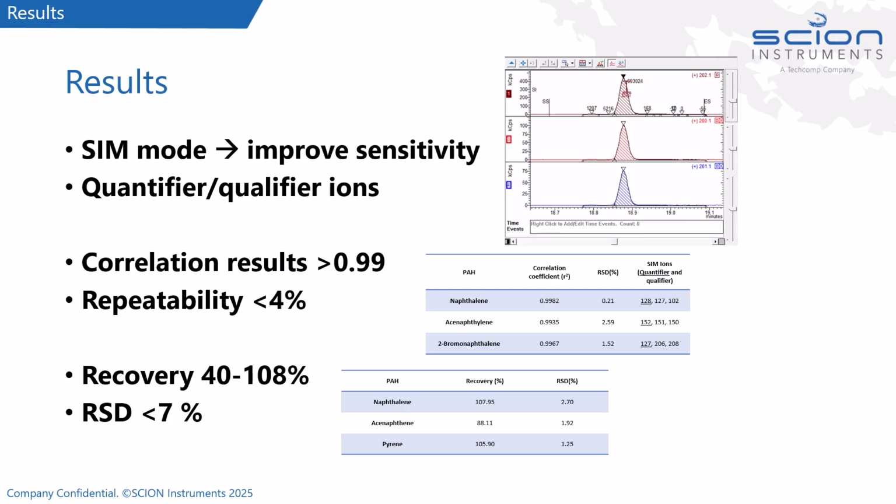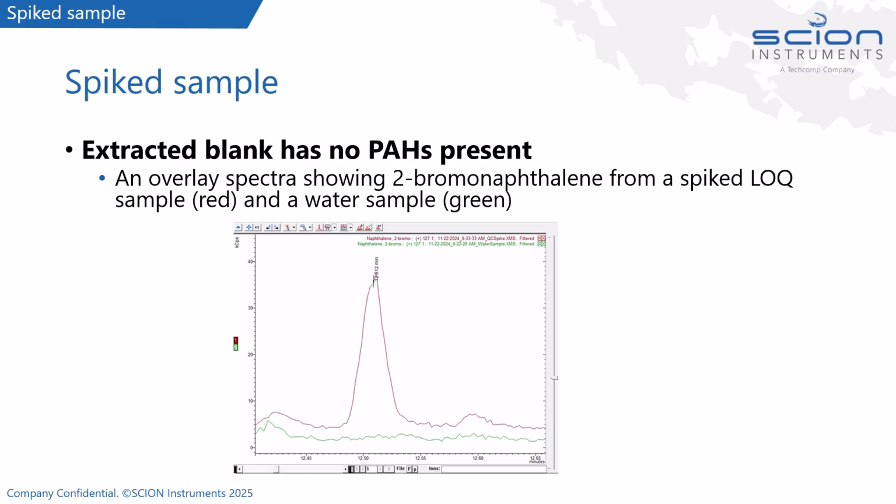The table shows some example recovery and precision values from the spiked LOQ samples, with recovery between 40 and 108% for all compounds. This was reached at the LOQ level. Spiked sample. Extracted blank has no PAH present.